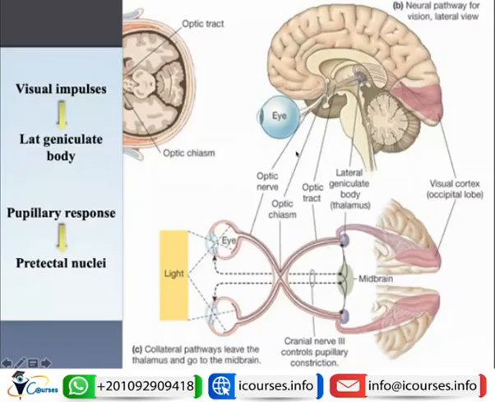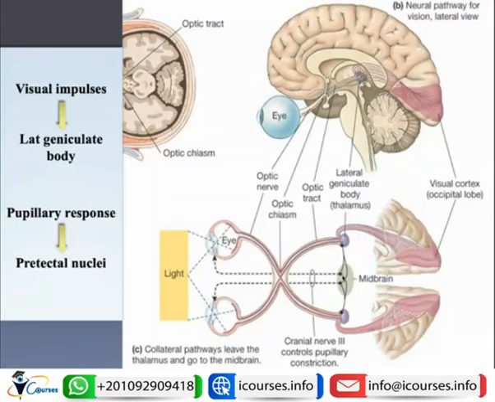However, if the fibers are for pupillary response, so they just control the size of the pupil, they are just a sensation of the amount of light entering the eye with no visual significance, then they will not enter the lateral geniculate body, but they will leave the optic tract to synapse in the pretectal nuclei of the midbrain.